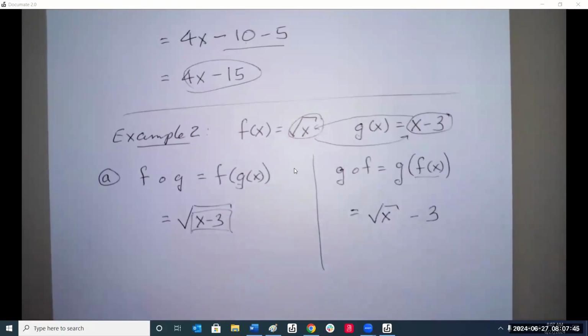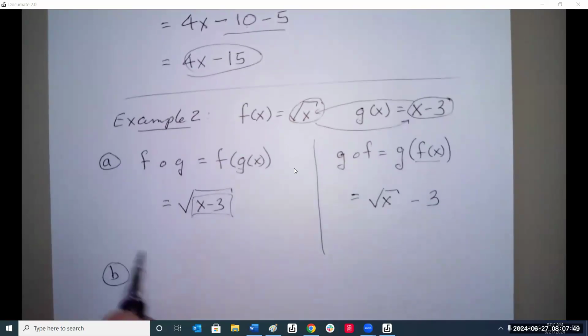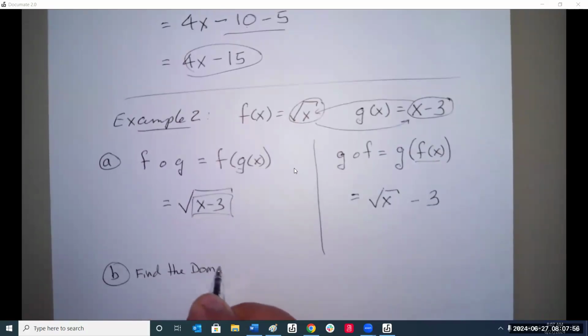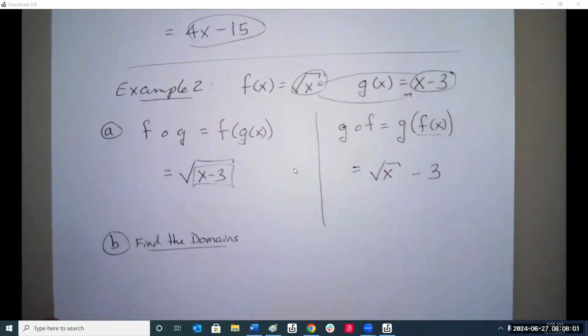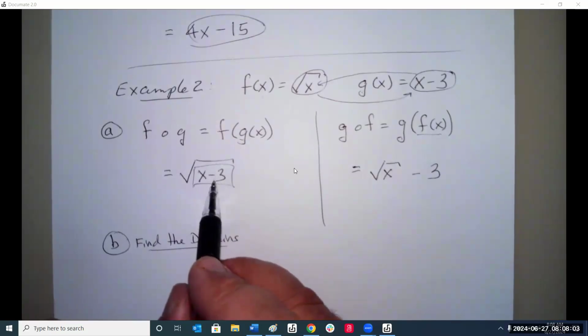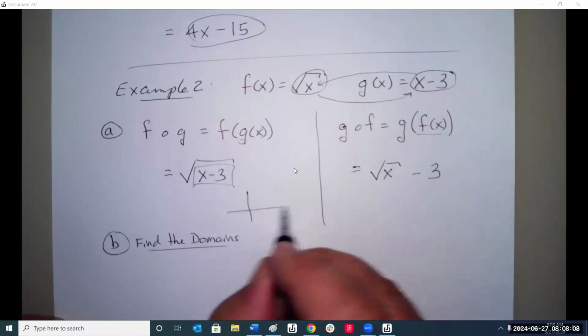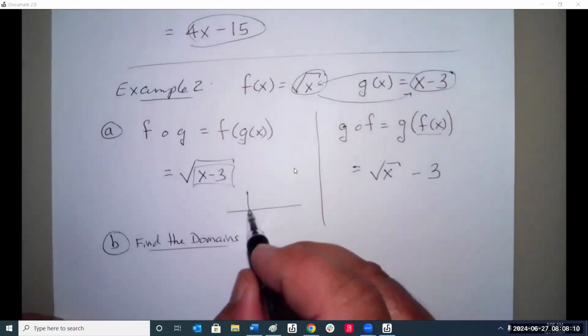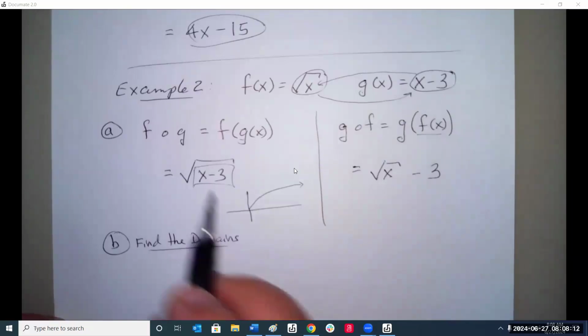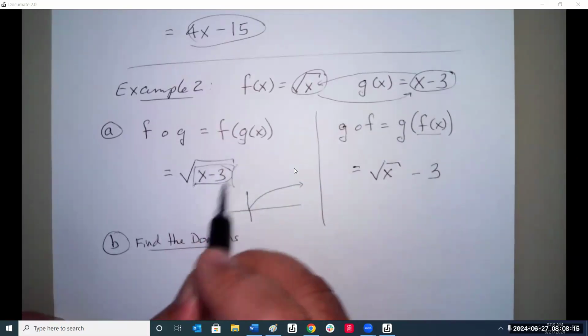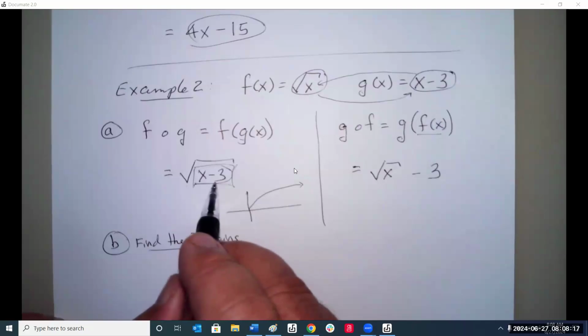Now part B is asking find the domains. So the domain of this one, remember the transformation. The original function is a square root, it can't be negative, so it goes like that. Inside here is a horizontal shift.